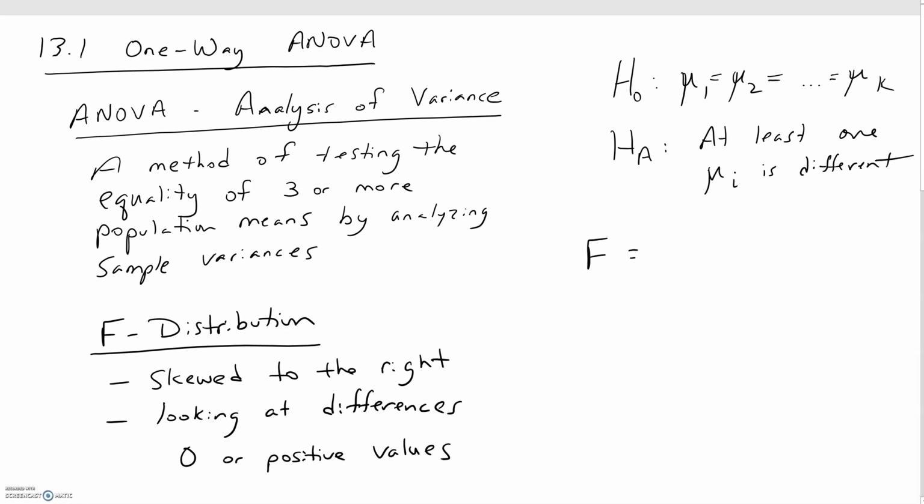Our F distribution, in broad terms, is the variance between the samples and its relationship to the variance within the samples.